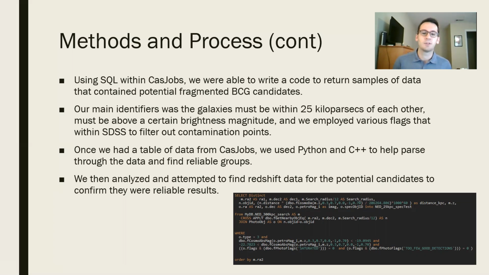The picture on here is actually of some code that I did. This is an example of SQL, and this was mostly what I was working with and looking at throughout the summer. I wasn't really looking at pictures or taking pictures. In fact, all the pictures on here were pulled from Sloan or some other source just on Google.